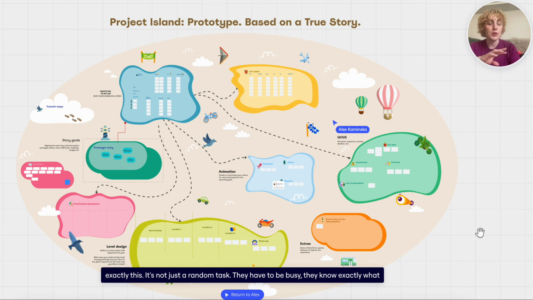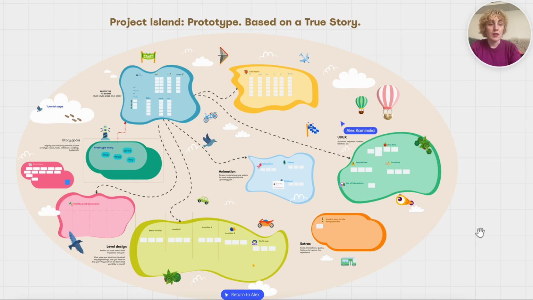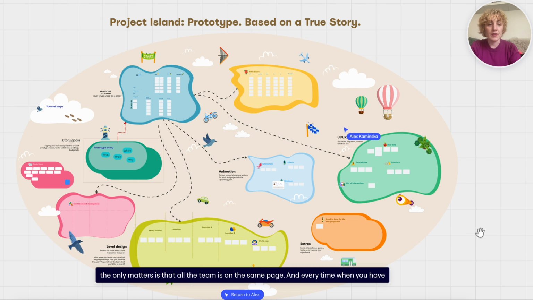They know exactly what they need, especially if you have some visual like this. It doesn't matter how it looks. What matters is that the whole team is on the same page, and whenever you have questions about what you're doing now, you just check the map and see why and when particular stuff needs to be done. For me, it's really crucial for every team member to know the story and what we are doing now and why.